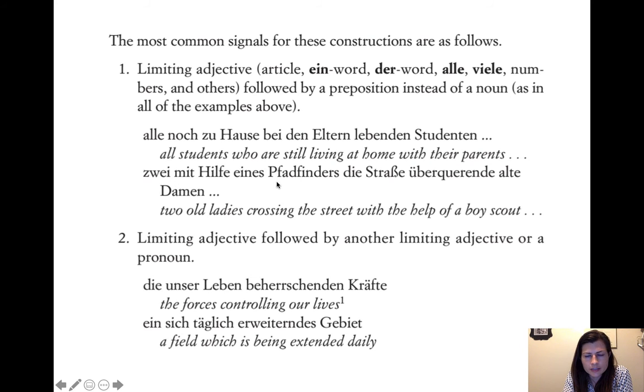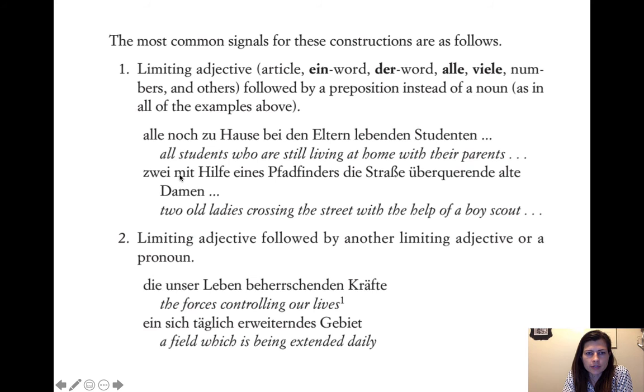So in that case, we have it here. Zwei mit Hilfe eines Pfadfinders die Straße überquerende alte Damen. So two, it's numbers, right? Because you could say die Damen, that would be the ladies, but then zwei Damen. So it works like an article, right? So two ladies, or alte Damen, so two old ladies.